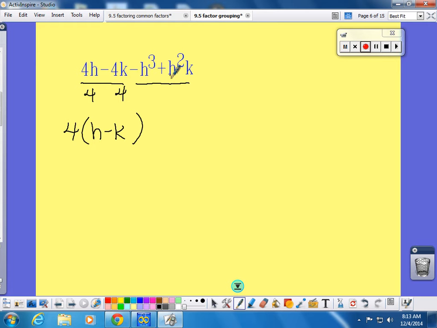Because I'm going to show you. If you'd factored out a positive H squared, I'd have what? Negative 8. A negative H and a positive K. Is that what I want? No. When I see that happen, I just back up.